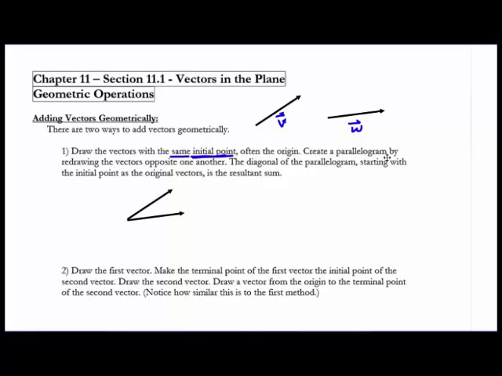Then what you do is you create a parallelogram by redrawing the vectors opposite one another. Think about what you did in like A2 when you talked about forces problems, and you had to do those forces problems with the law of sines and law of cosines. This is the same idea. So here's V, here's W, and I want to add them.